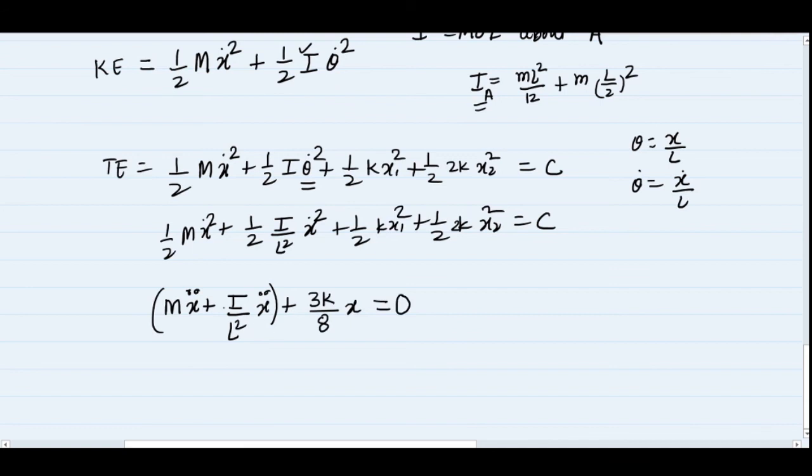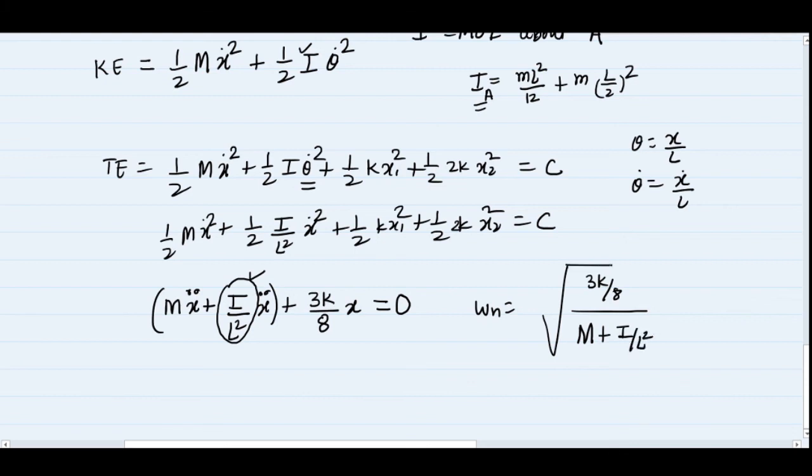Here you can see that this additional term exists in your system, representing that the rod has some inertial component, and your natural frequency will become 3k by 8 divided by m, that is the tip mass, plus I by L square.